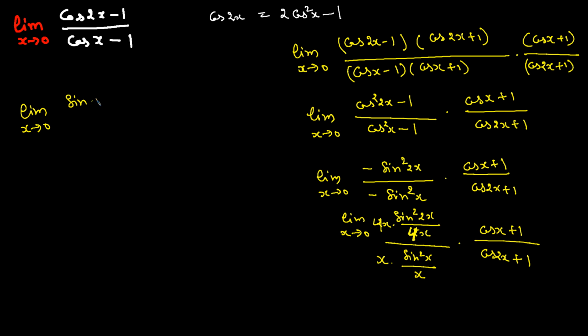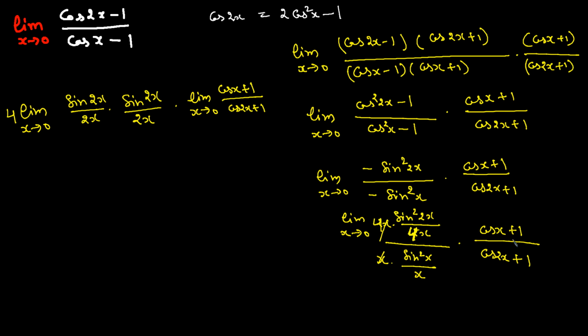Now you see sine 2x over 2x into sine 2x over 2x. So I break down this 4x into 2x, and this x will cancel this x, so we're left with only 4. I'm going to write that 4 over there, into limit x approaches 0 of cosine x plus 1 over cosine 2x plus 1.